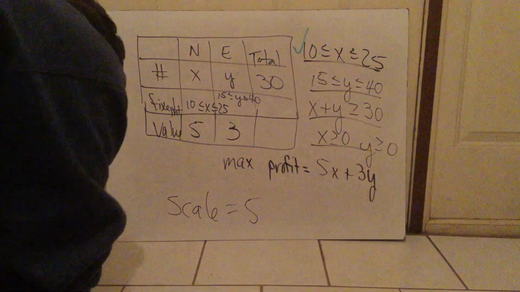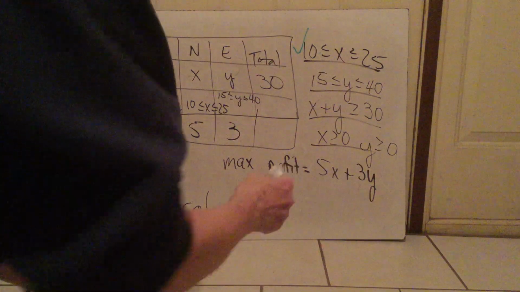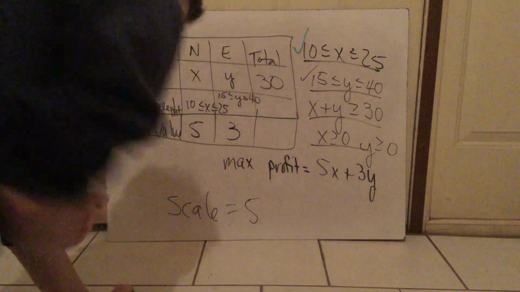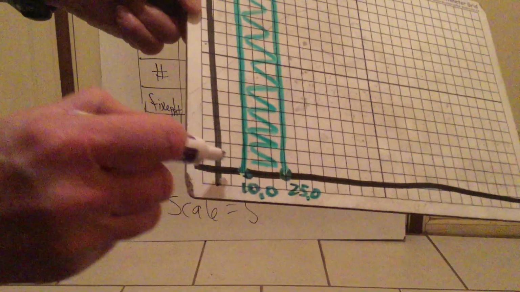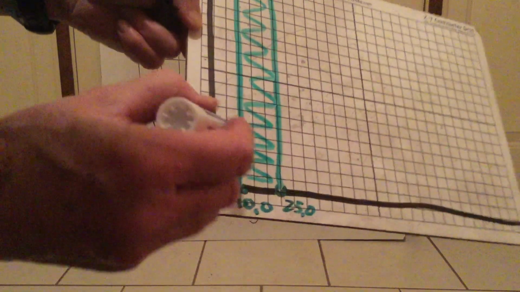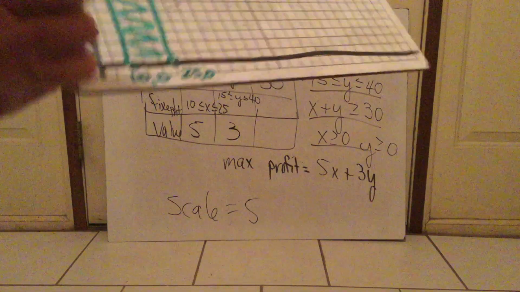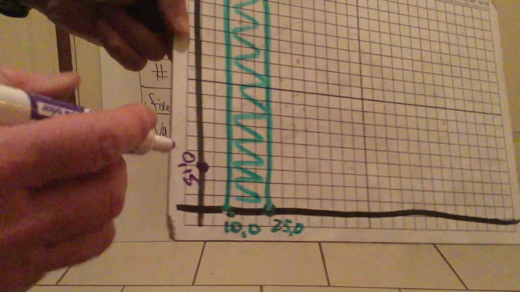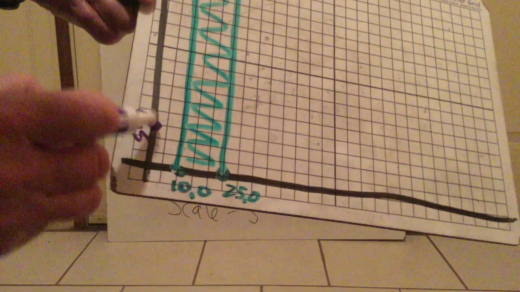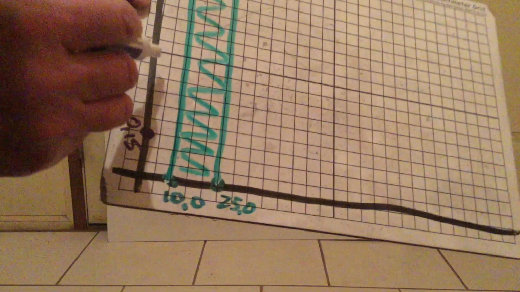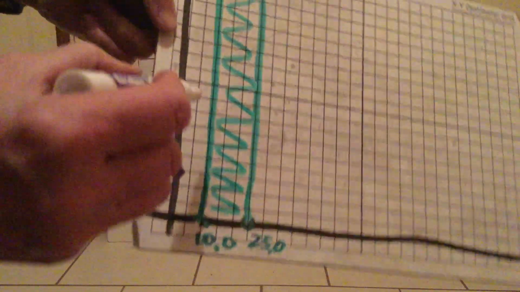Then I'm going to get my purple marker, and I'm going to do my y's. I'm going to do it exactly the same way, only now I'm on my y-axis. So 5, 10, 15. Here's 15. And then 40. So let's see, 15, 20, 25, 30, 35, 40 is right here.